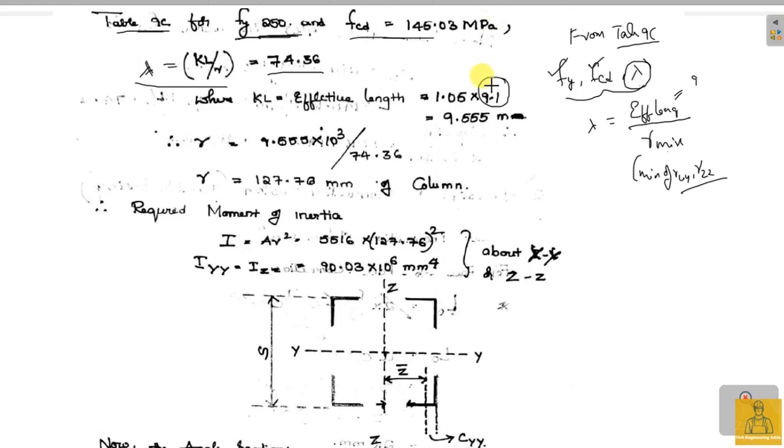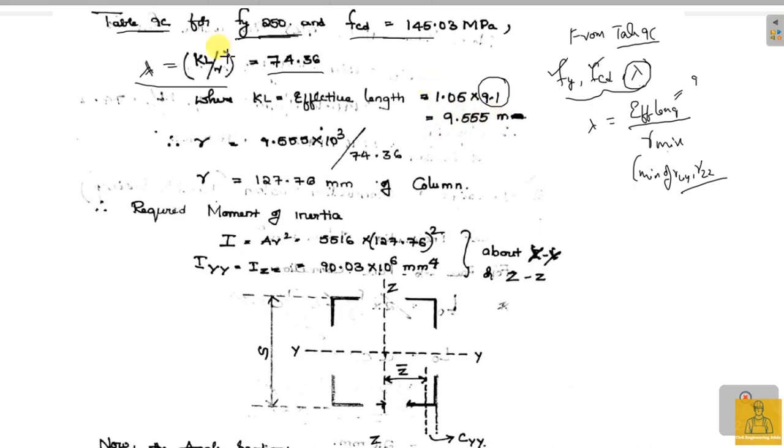But here, remember, when we are using lacing system for the built-up section, the slenderness ratio has to be increased by 5%. So for a 5% increase, I'm multiplying 9.1 with 1.05. So the effective length will be 9.555 meter.